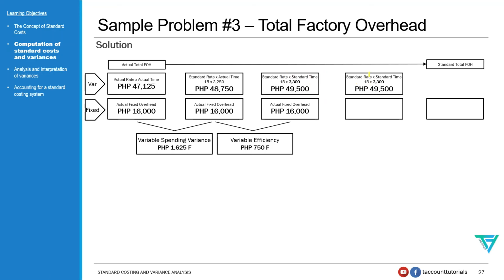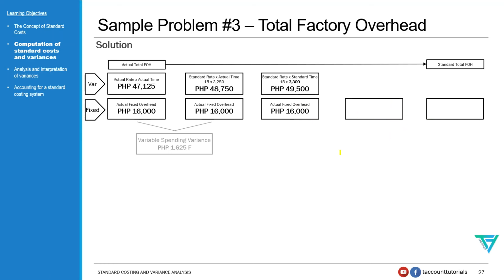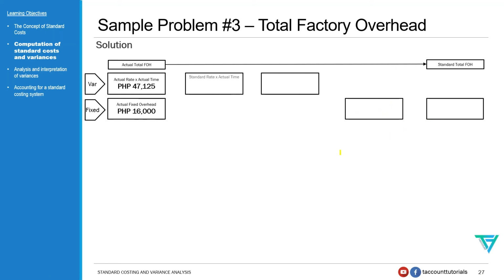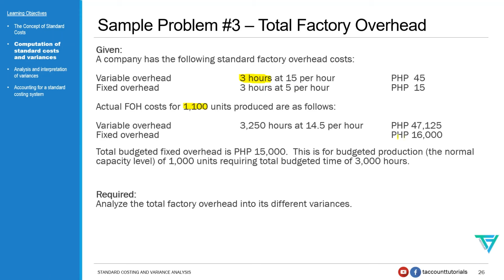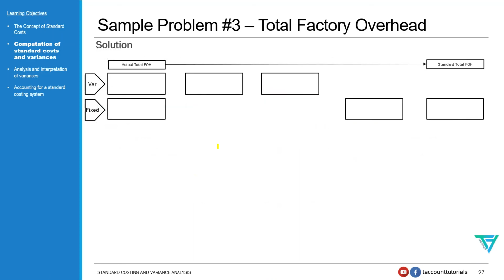So in doing so, we can extend the total standard variable factory overhead to the right. And then we could go ahead and compute for the total budgeted fixed overhead, right? But as we've already discussed earlier, let's just go back to the previous slide. The total budgeted fixed overhead is already given, right? But we could as well compute for it using the analysis we mentioned earlier, right?